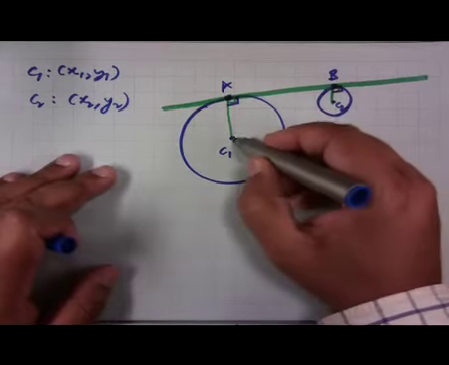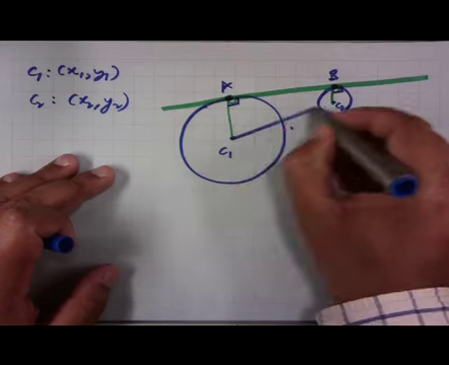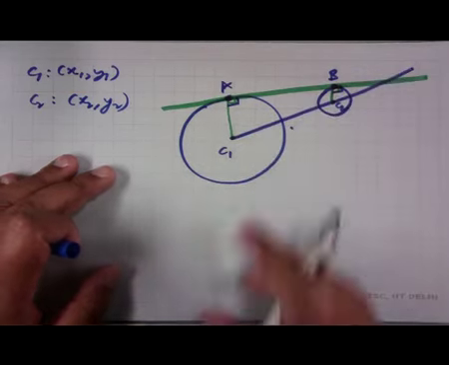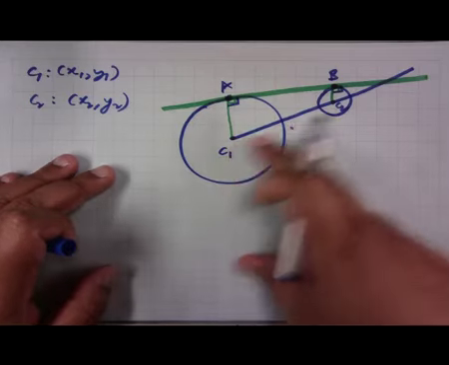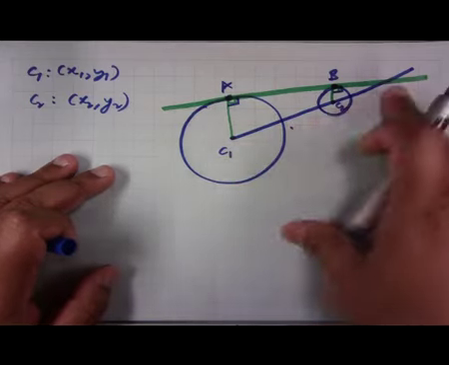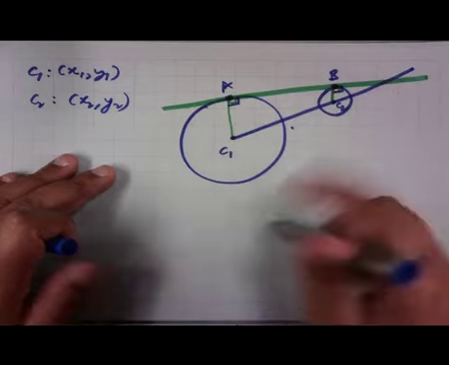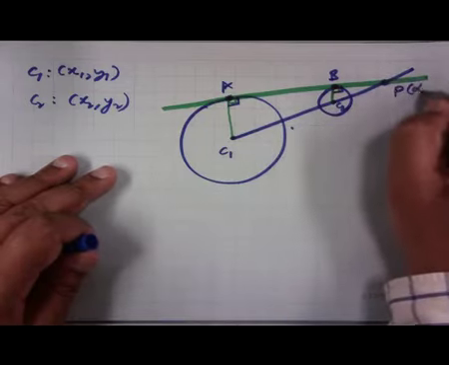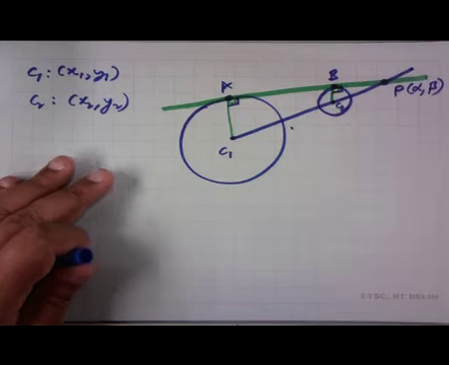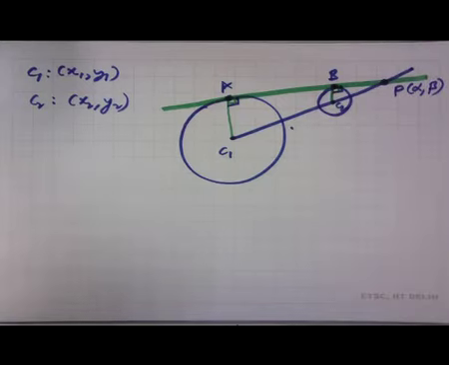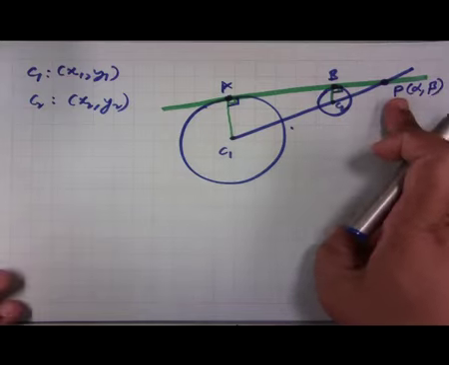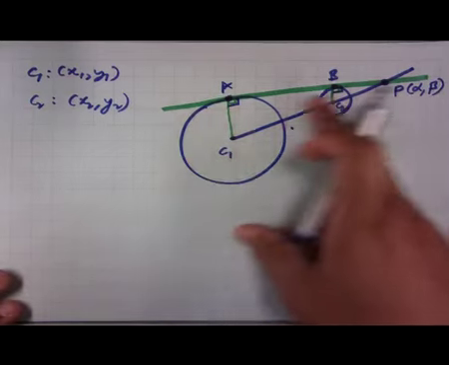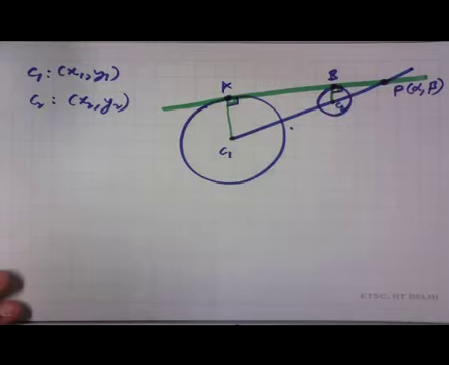And let us consider the straight line joining the two centers of the circle, and let us extend that forward. So, clearly, this straight line is going to intersect the direct common tangent at some point P, whose coordinates we denote by alpha comma beta. So, our first job is to find the coordinates of this point P, alpha comma beta, and then we shall find the equation of this direct common tangent.